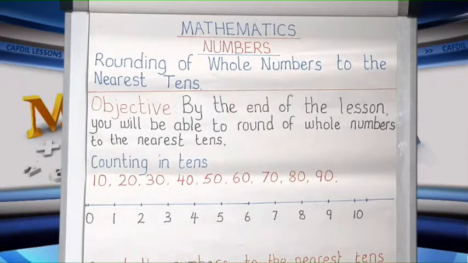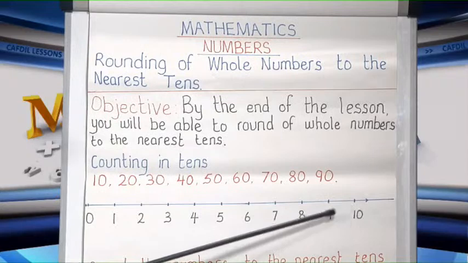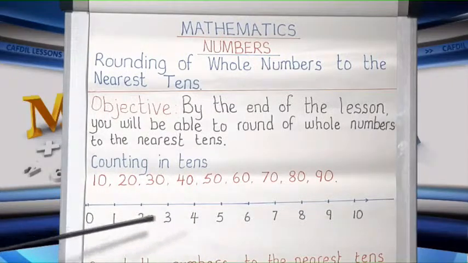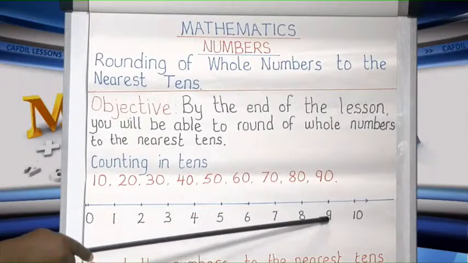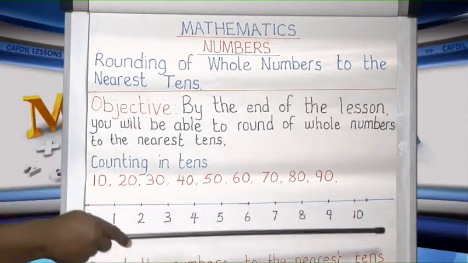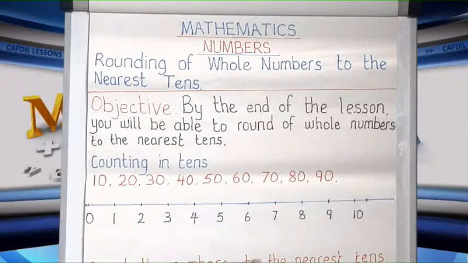Very good. So 9 is closer to 10. When we are considering all these numbers, we will find that 9 is the closest, or 9 is the nearest number to 10.